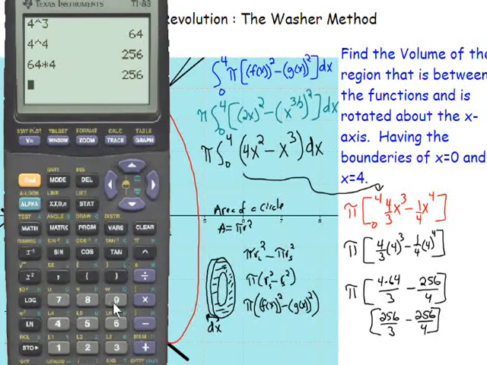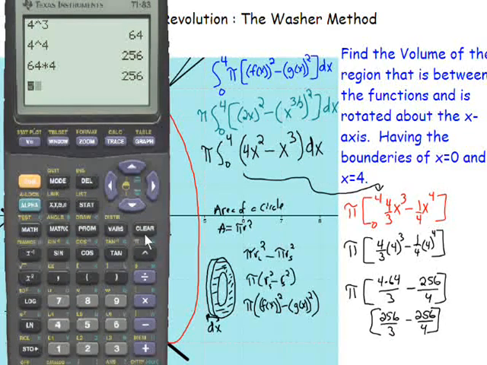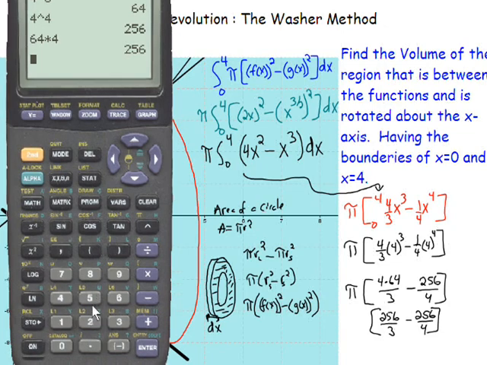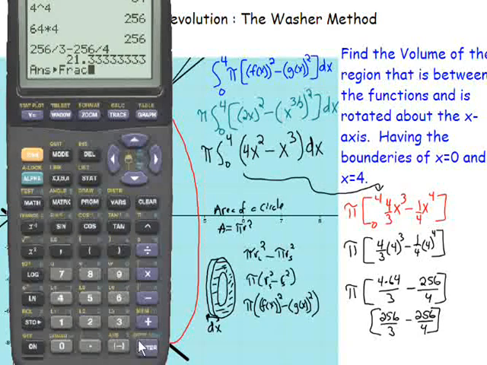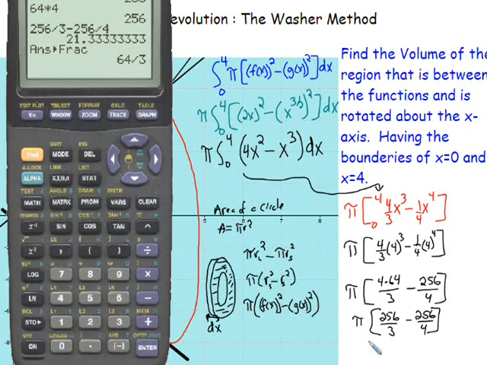We can find like terms, or we can just do it quickly on the calculator. 256 over 3 minus 256 over 4, and then go to math 1, and we're going to get 64 over 3 pi.